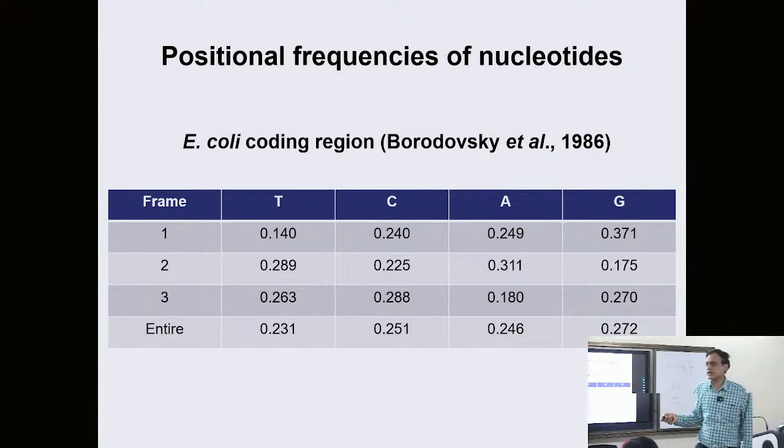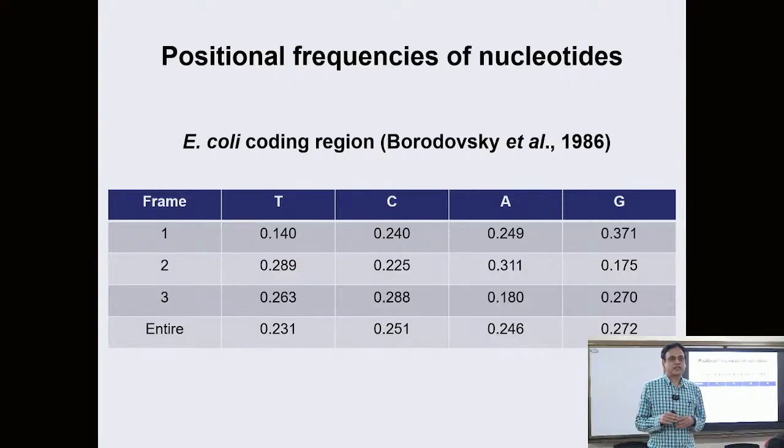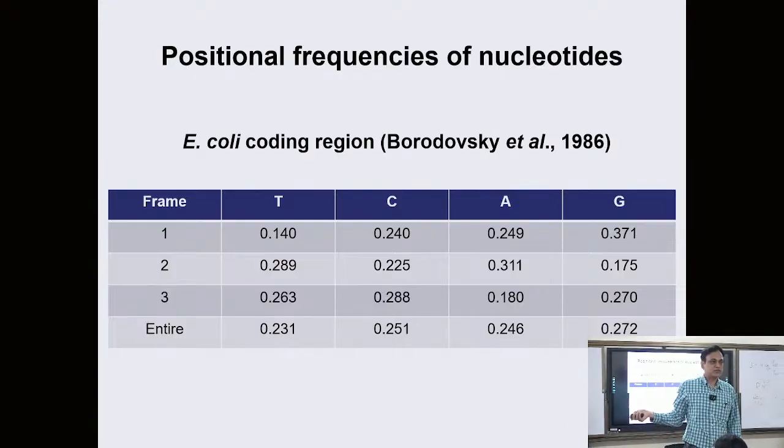On the other hand, if you consider non-coding open reading frames, even though they do not code for proteins, you can still put the codon positions. So first triplet of nucleotides, position 1 to 3, next 1 to 3, and so on, and then obtain the probability distribution for the 3 frames.